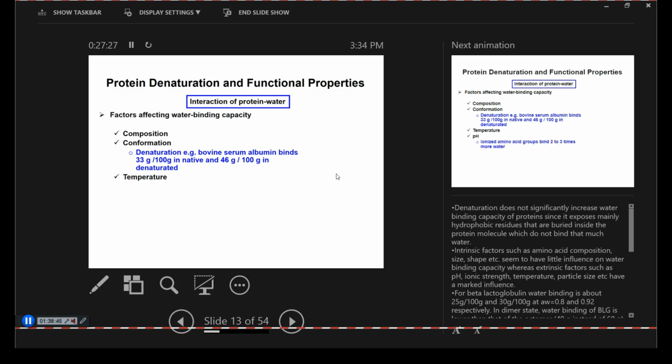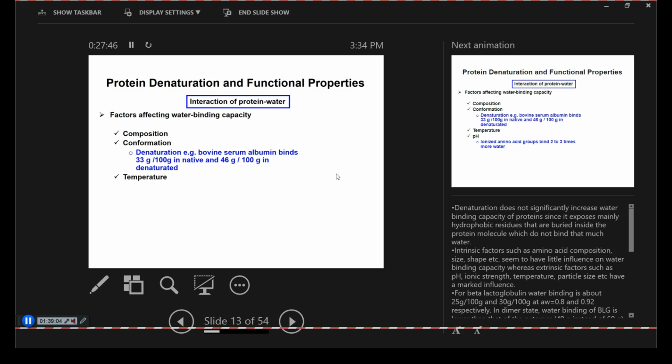Okay. So temperature, I'll show you a figure about temperature in a second, but also you can enhance water interaction with the protein due to thermokinetics as temperature is enhanced, but at some point it gets decreased.